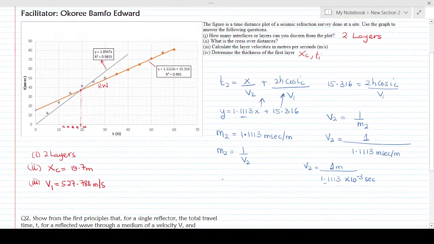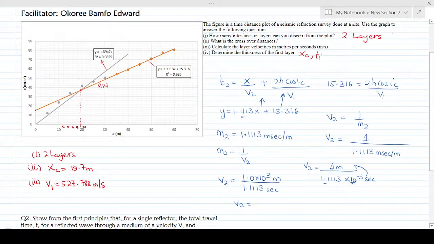So my V2 is now 1.0 by 10 to the power 3, because this will come up. No, this is just algebra. All over 1.1113. This is in meters, this is in seconds.